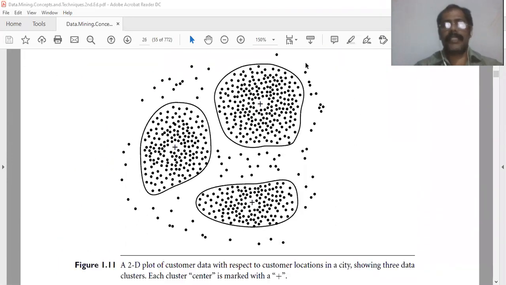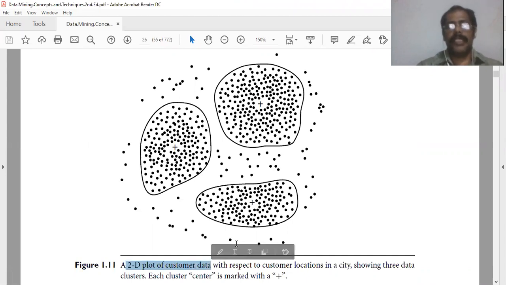This is an example for clustering. Here, a 2D plot of customer data is given. It is grouped into 3 clusters. The plus sign represents the cluster center of each cluster.